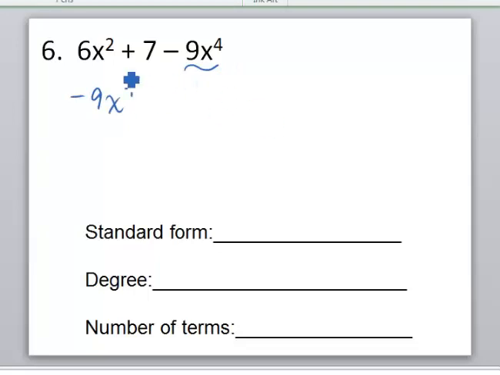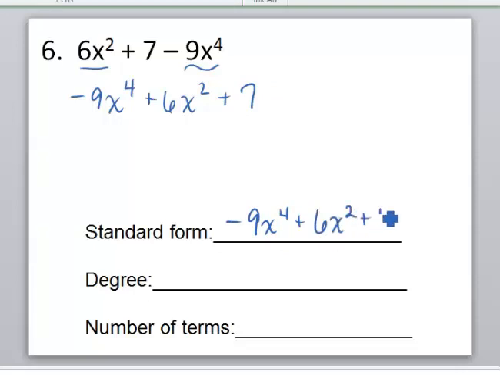Then it goes to the next highest, 6x squared, and then finally the last term plus 7. So the standard form is negative 9x to the 4th plus 6x squared plus 7. The degree of this is a 4, so the highest degree is a 4. When it has a degree of 4, that's considered to be quartic. And then the number of terms, it has 1, 2, 3 terms, and so that's considered to be a trinomial.